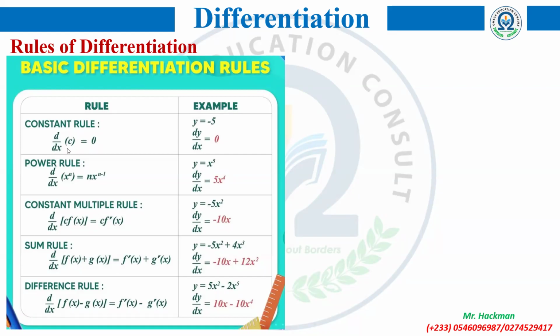So now this is what we have. d dx of c, where c is a constant. If you differentiate a constant, you get 0 always. So if I have y equal to -5, then I take d dx of y, which will give me dy dx, and that will be equal to d dx of -5.